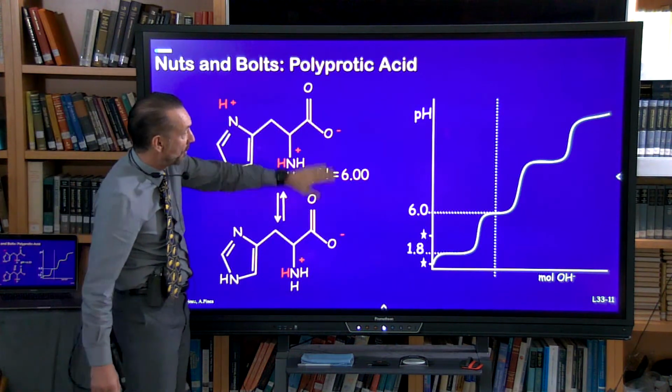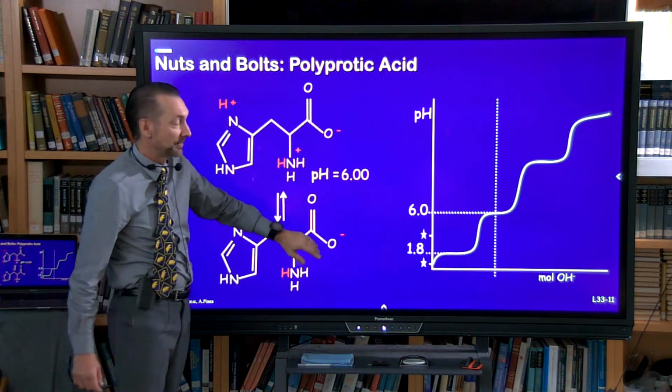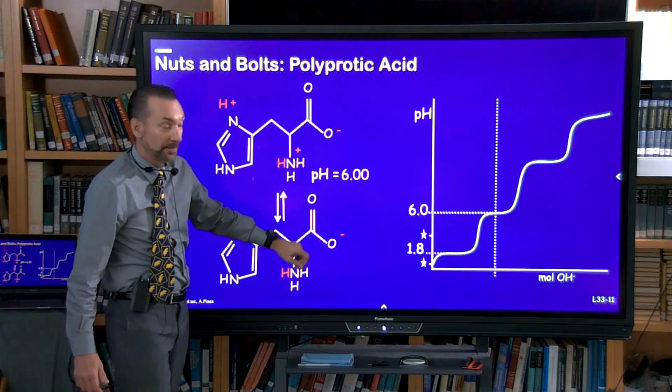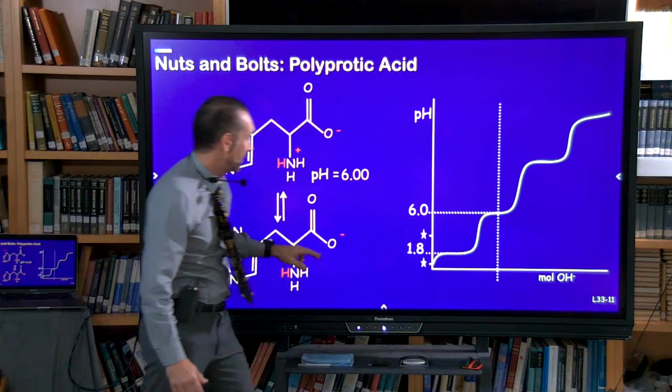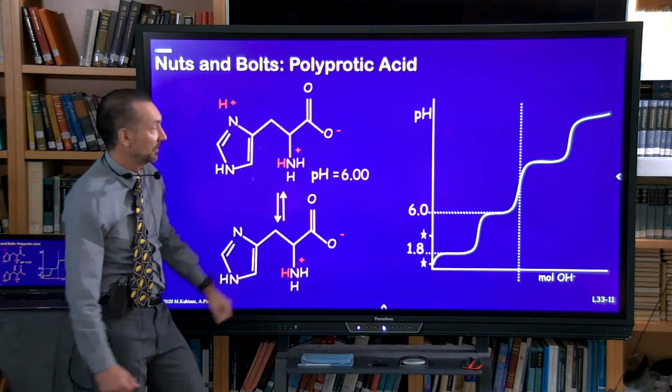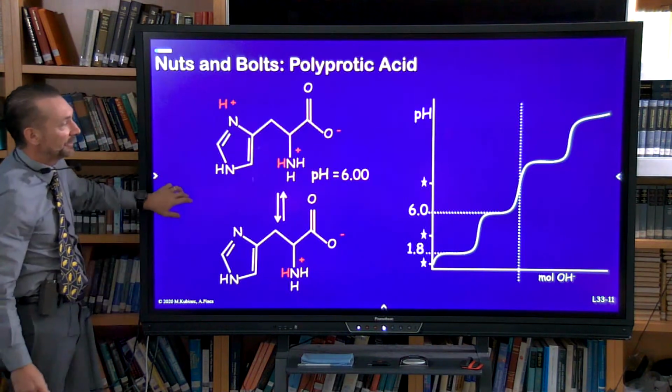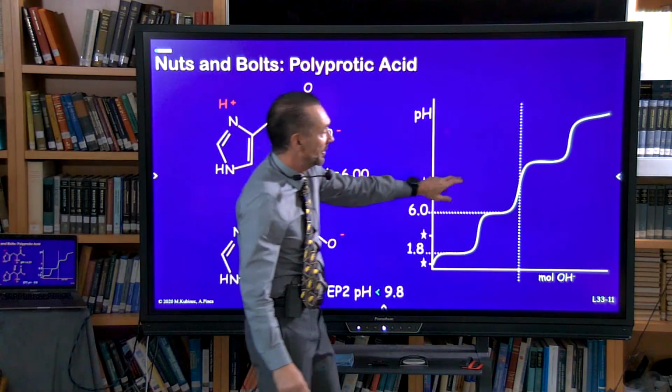And both of those protons, all the molecules, have no proton there because we're way on the basic side of this pKa. So we have half and half now at pH 6.